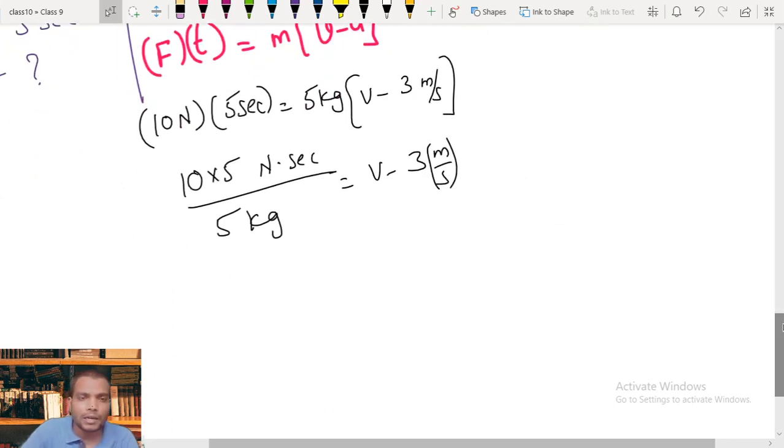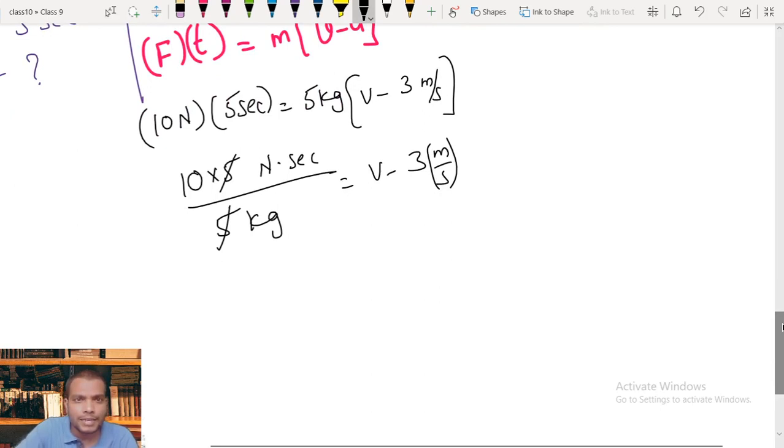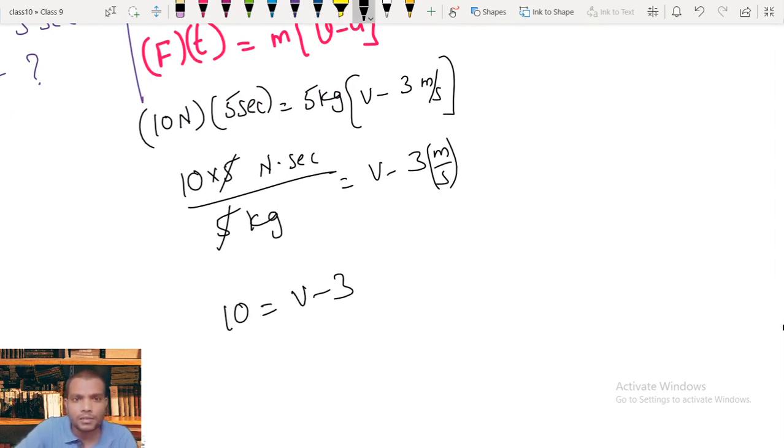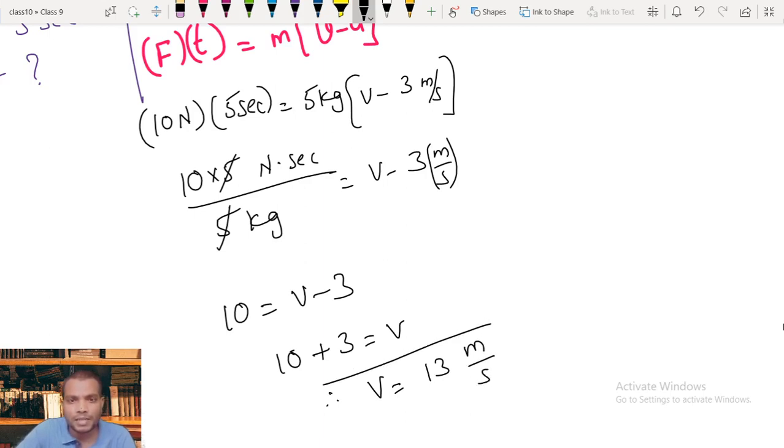Now if you cut 5 in 5, I get 10 equals v minus 3. So 10, you can bring this side, minus becomes plus 3, which equals v. Therefore final velocity v equals 13. Velocity units are meter per second.